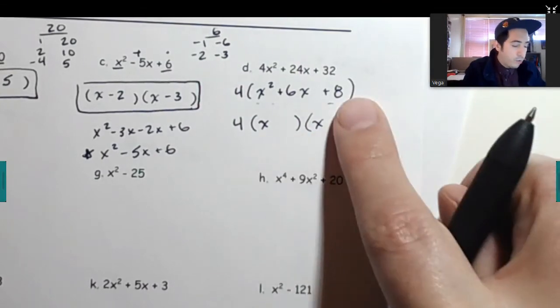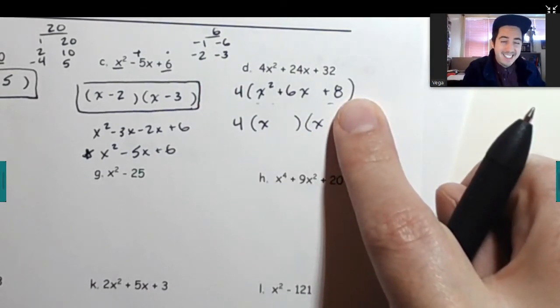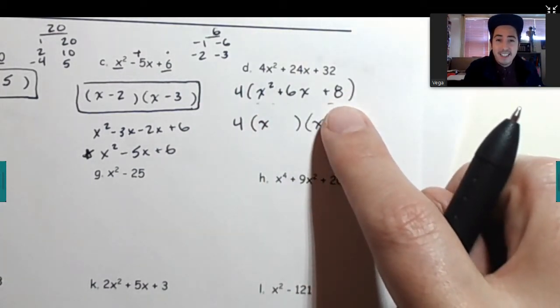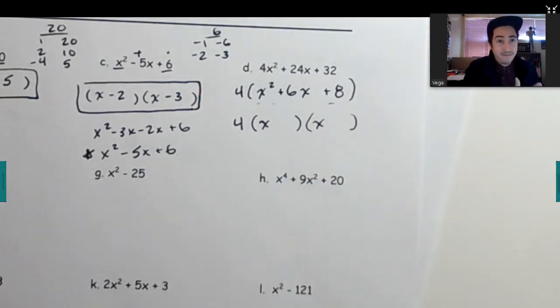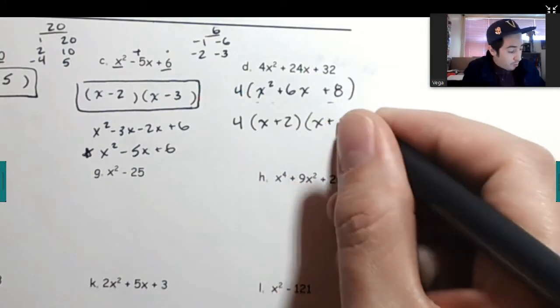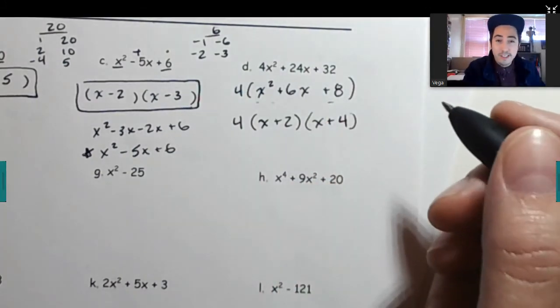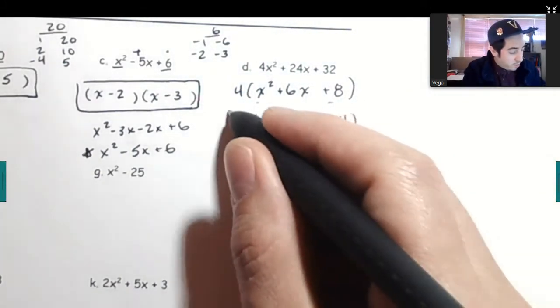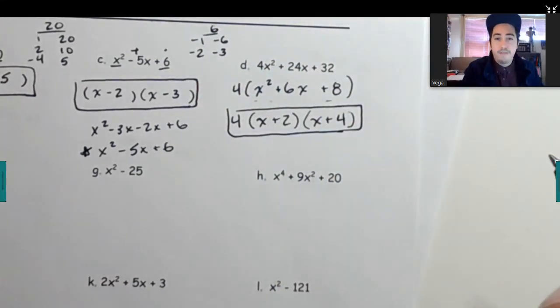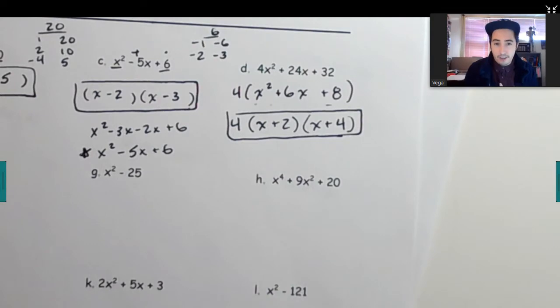I need two numbers that multiply to 8 and add up to 6. 2 and 4. 2 times 4 is 8. 2 plus 4 is 6. So here's your complete factoring. You factor out the GCF first, and then you factor out anything else if it's there.